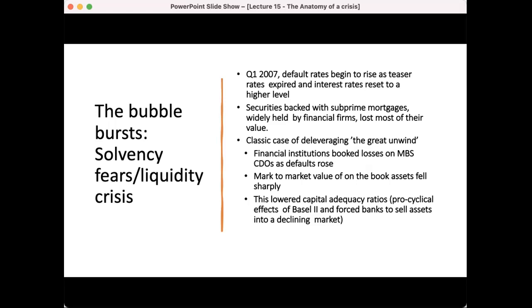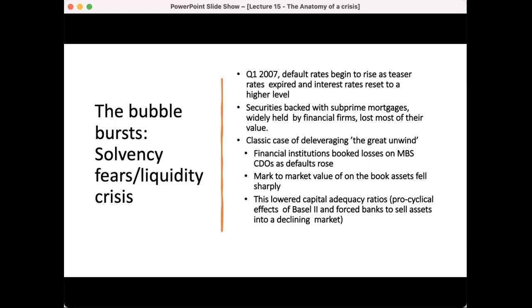So the mortgage-backed securities, backed by subprime loans and widely held by financial firms, lost a lot of their value. And you get the classic case of deleveraging, the great unwind. In other words, you need to sell your CDOs because they're going down in value, before they go down to the extent that you lose too much money on them.